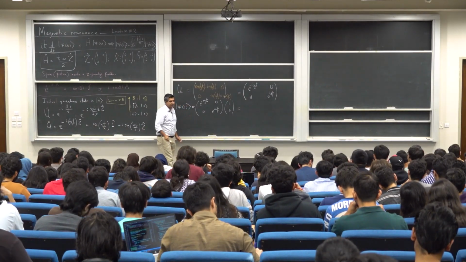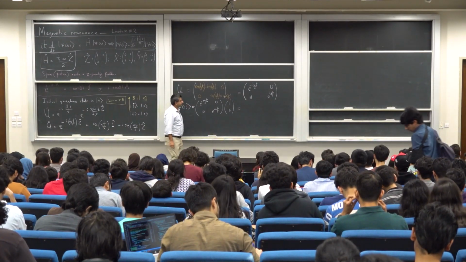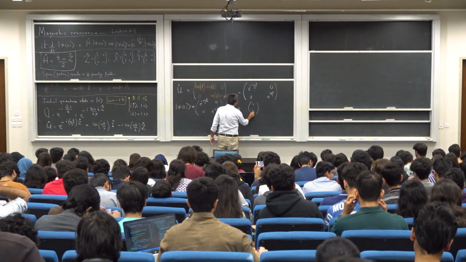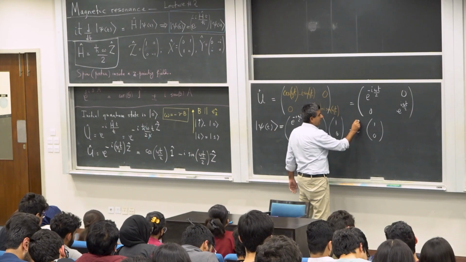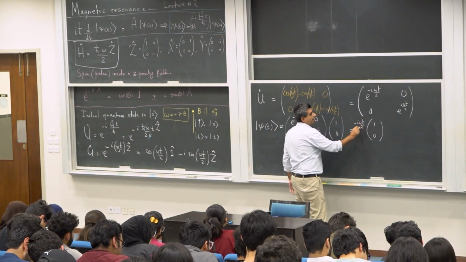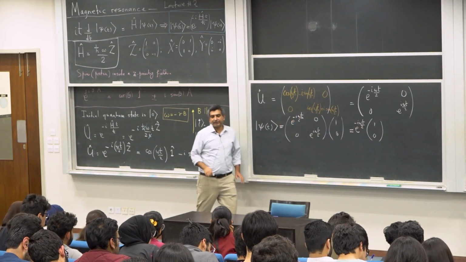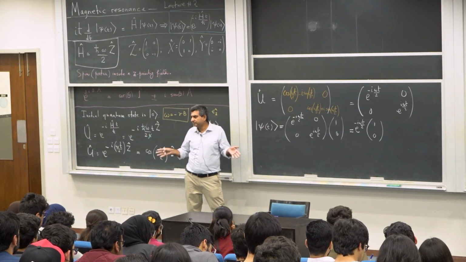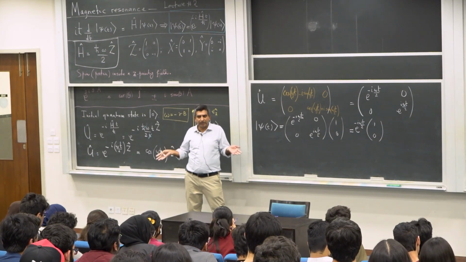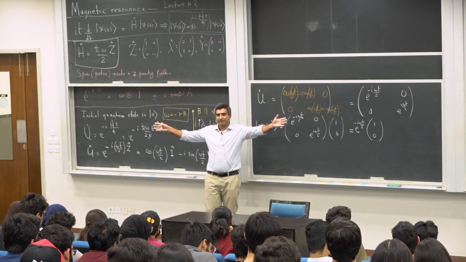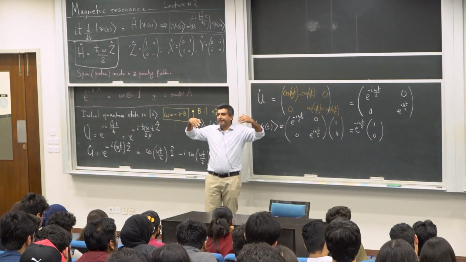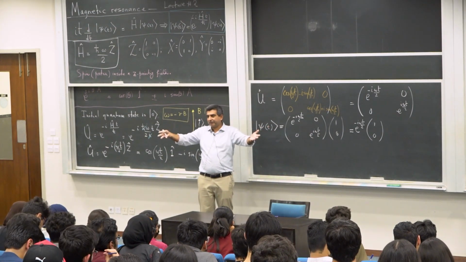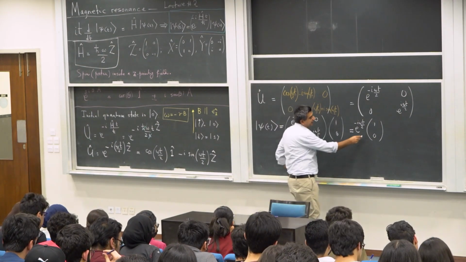What is my output quantum state? Correct? This is my quantum state. Is this quantum state simply ket 0? Is it ket 1? No. Is it proportional to ket 0? Yes. I think it is ket 0 because this factor here is a global phase.